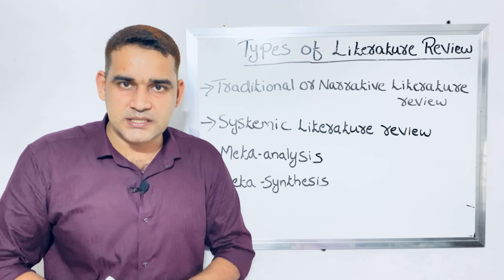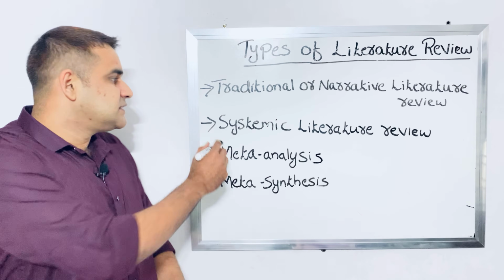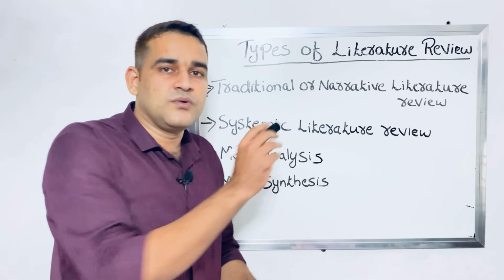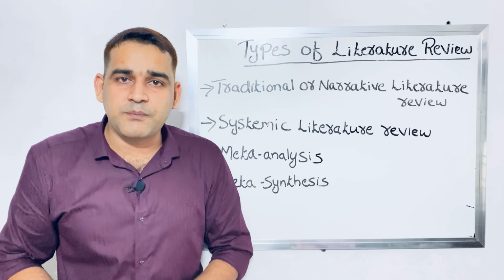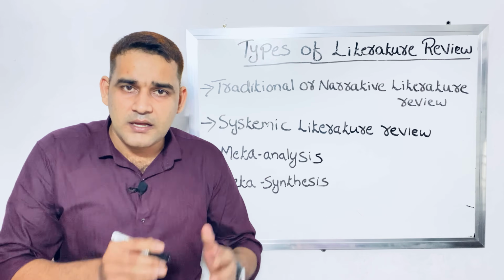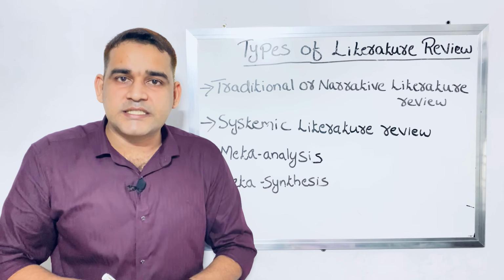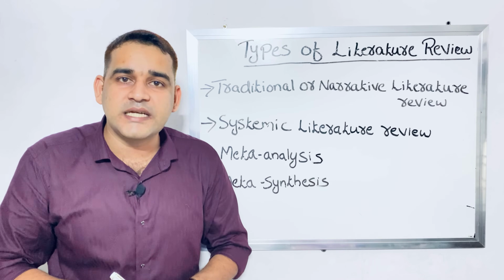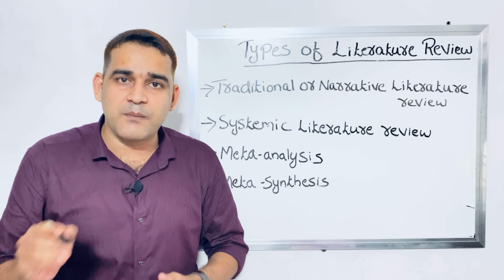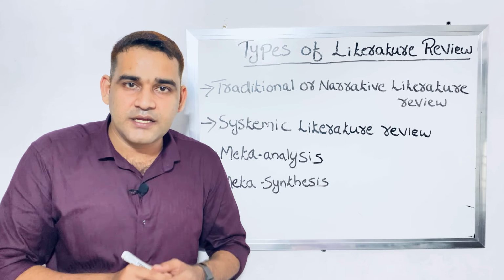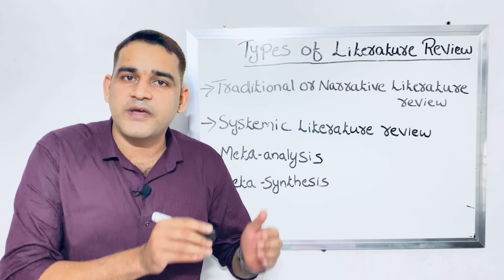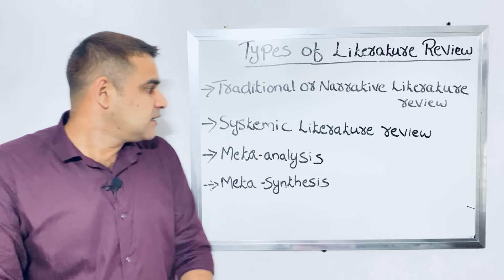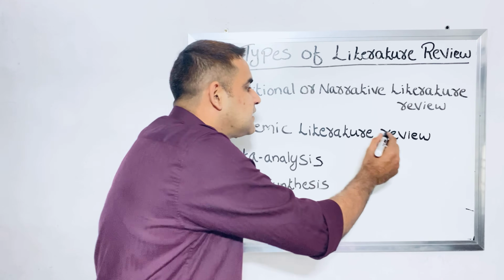So the systematic literature review provides a list of all published and unpublished studies related to the specific topic. That is systematic literature review.